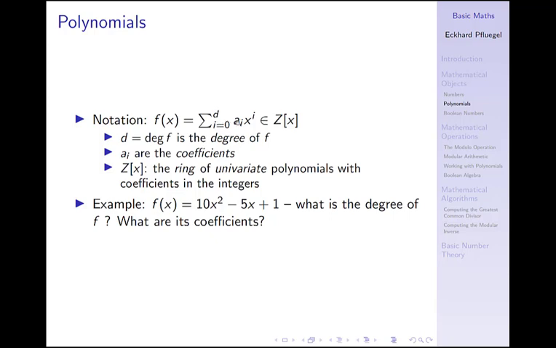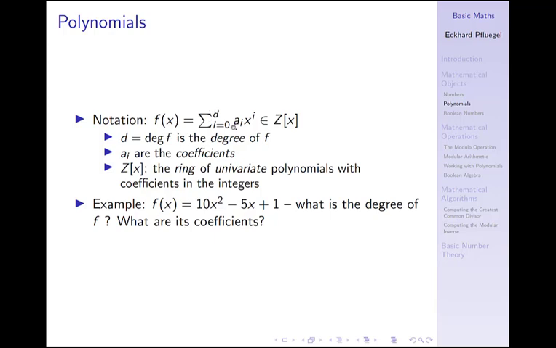And then these are the coefficients, a index i, and i is like an index. It's like in a for loop. It's used to denote the different coefficients, and this range of the index would go from 0 to d. So d here would be a positive number, and we call this the degree of the polynomial.